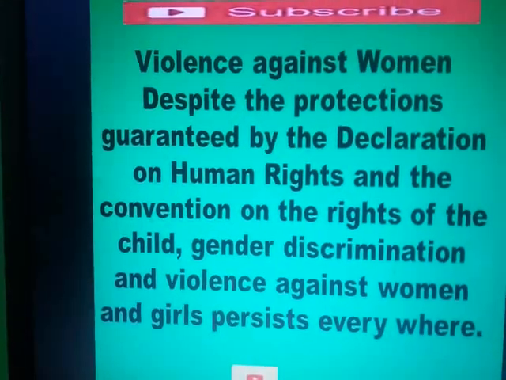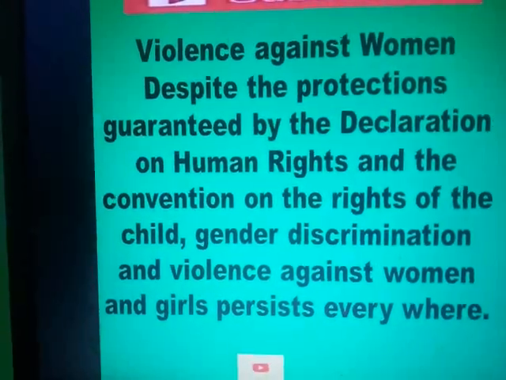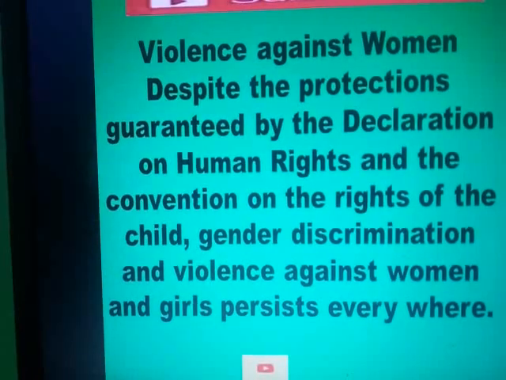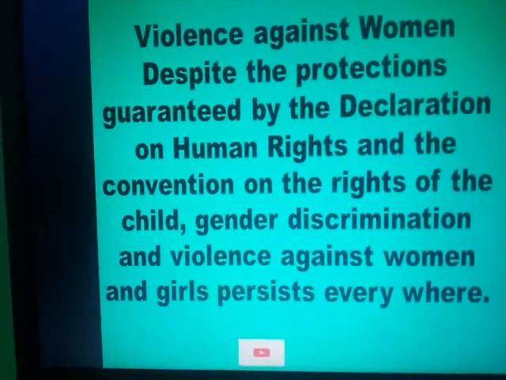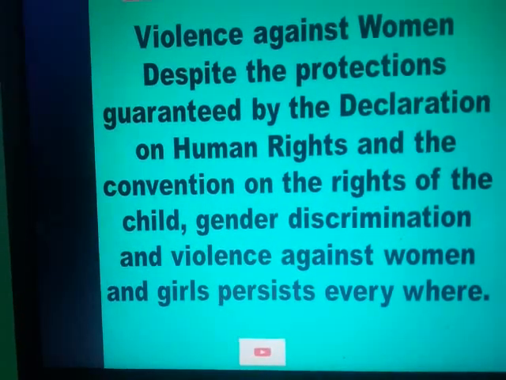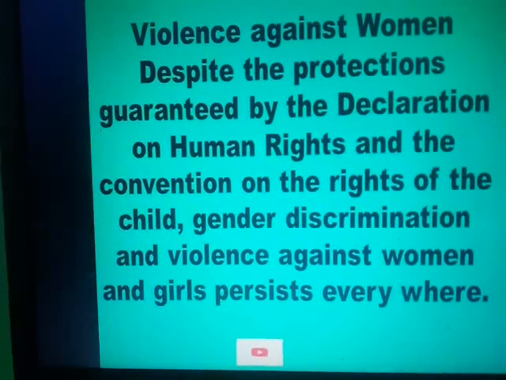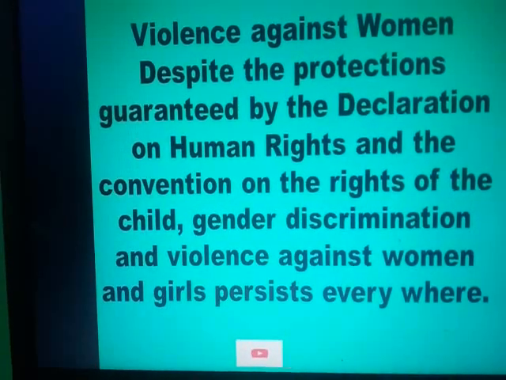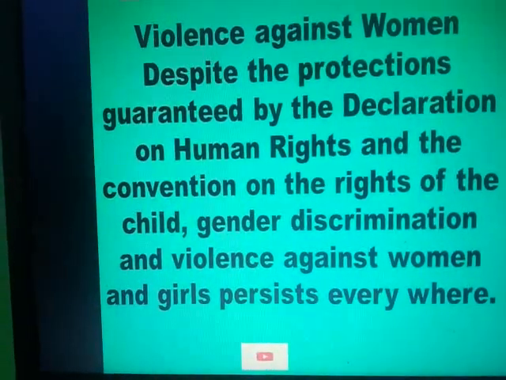Violence against women: despite the protection guaranteed by the Declaration of Human Rights and the Convention on the Rights of the Child, gender discrimination and violence against women and girls persist everywhere.